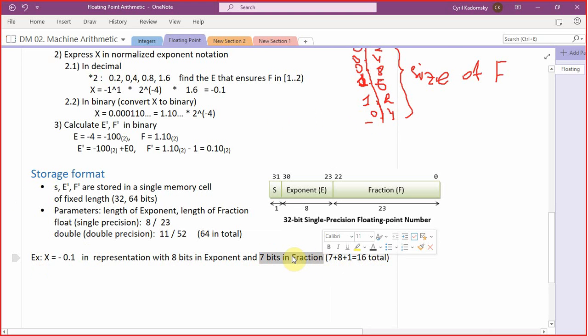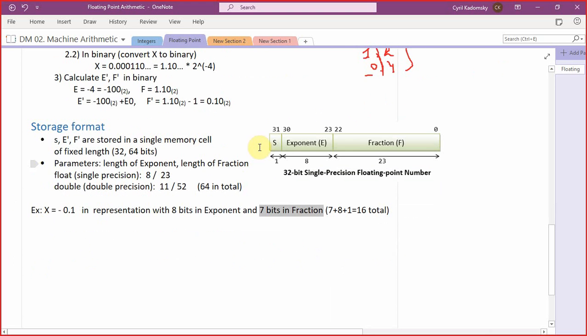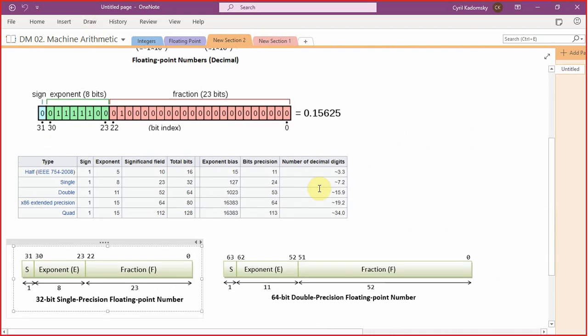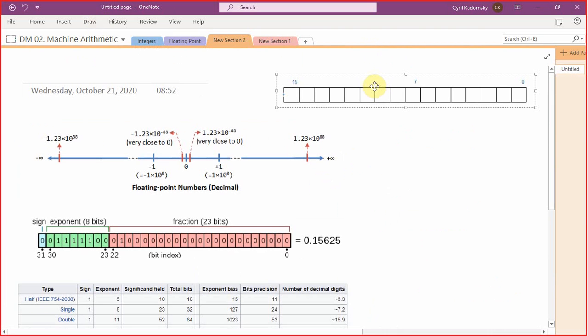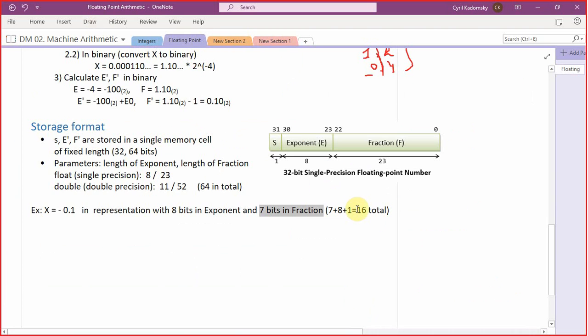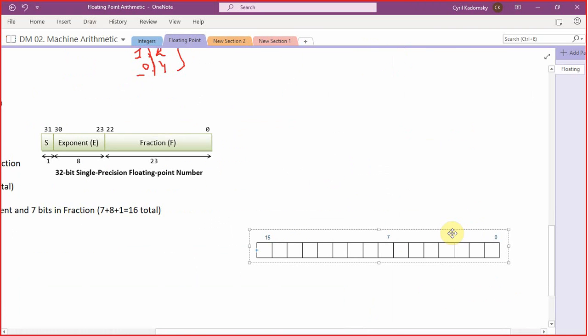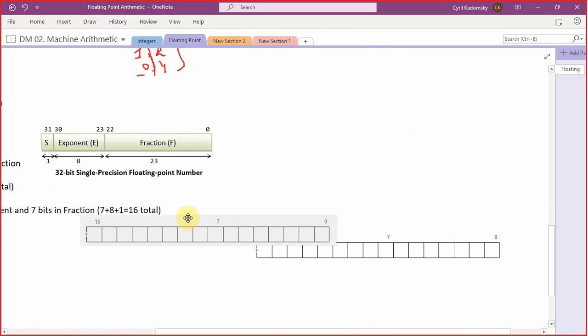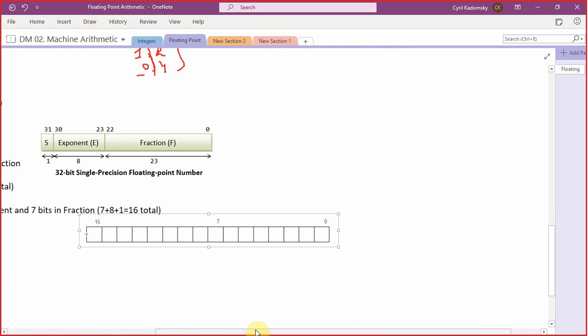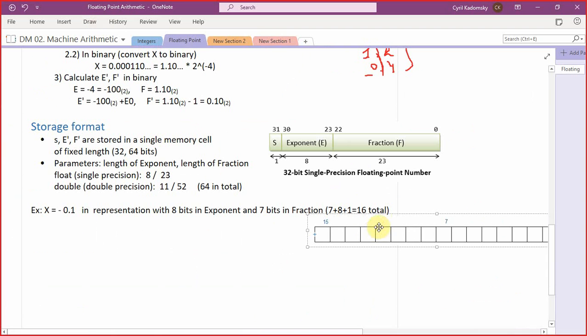Okay, and we will have a picture for this also. It will be easier to draw. Here it is. We have bits from 0 to 15, in total 16 of them.